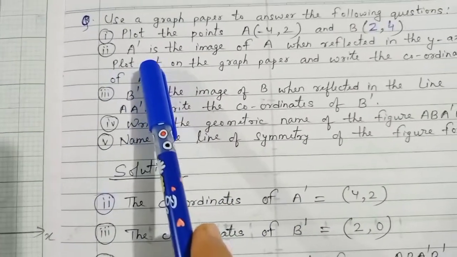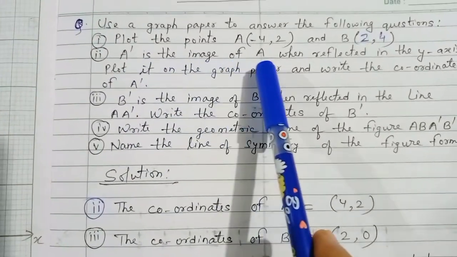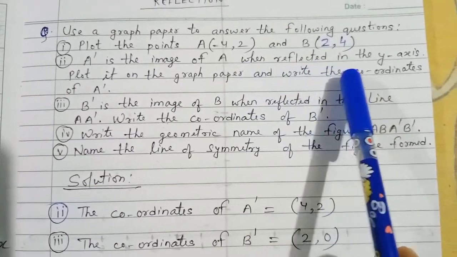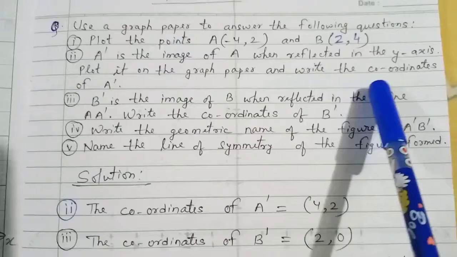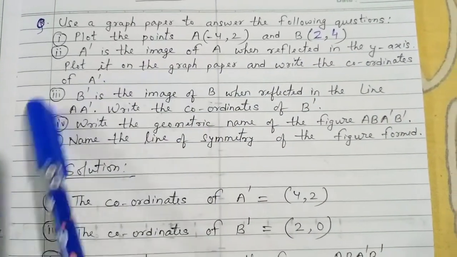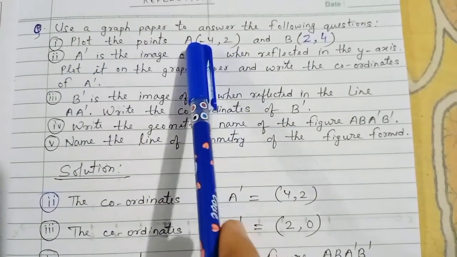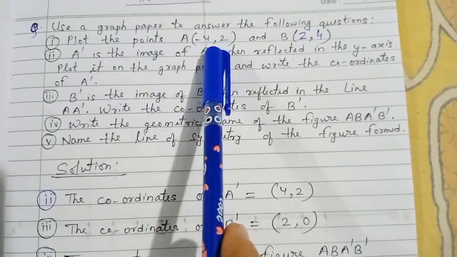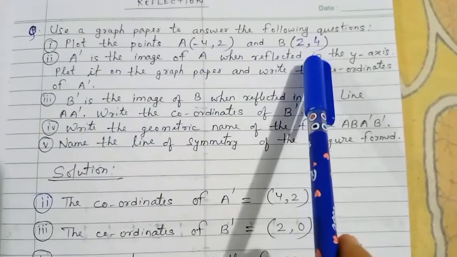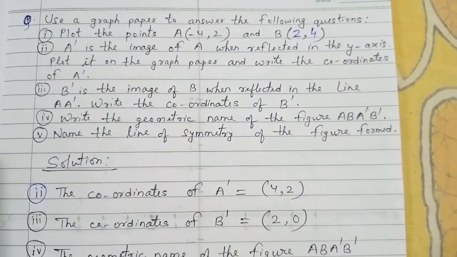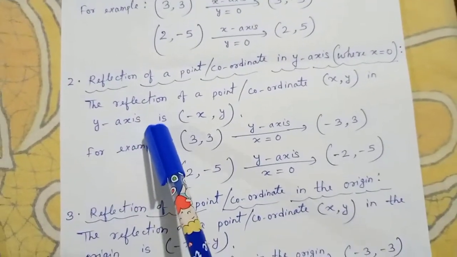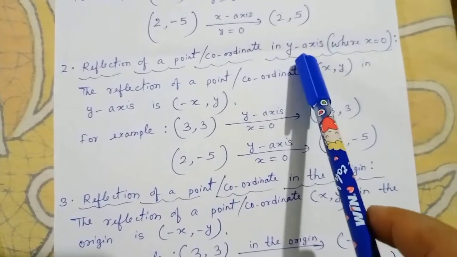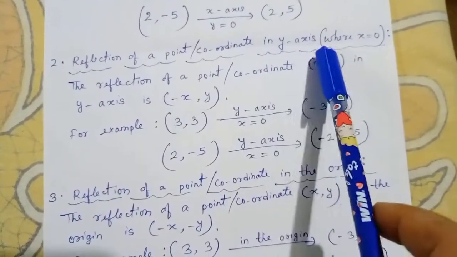Now second: A dash is the image of A when reflected in the y axis. Plot it on the graph paper and write the coordinates of A dash. So you have to make A into A dash, but it should be reflected in the y axis. Now children, formula number 2, which I have taught you in this video, reflection in the y axis.